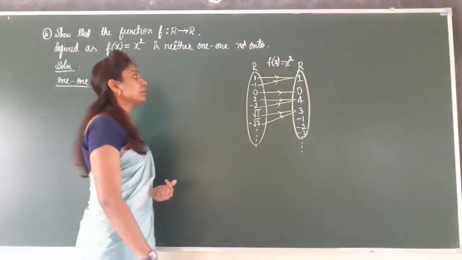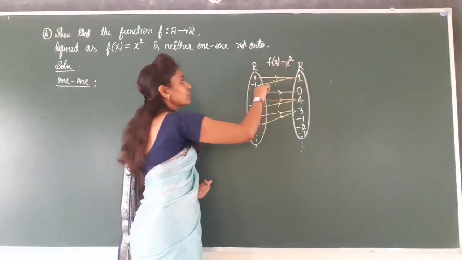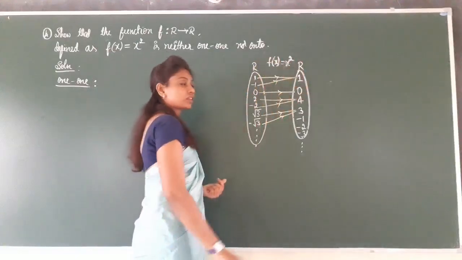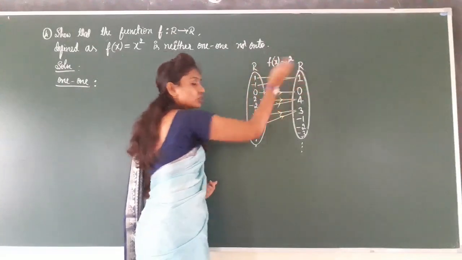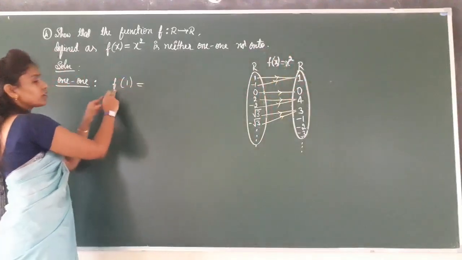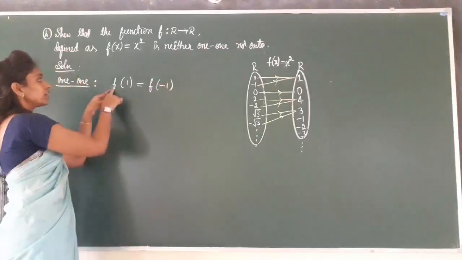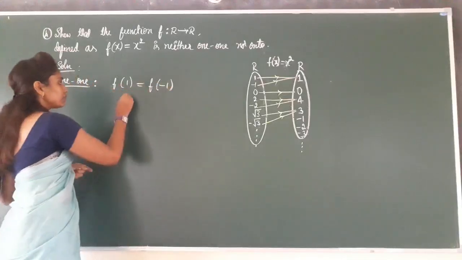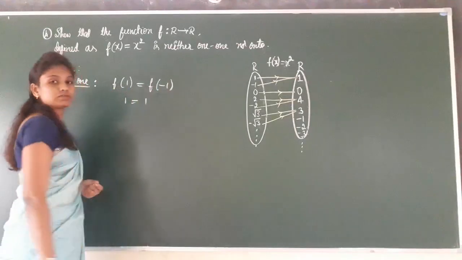So I am taking the element 1 only. f of 1 is equal to 1. f of minus 1 is equal to 1. So the image of 1 is 1, and the image of minus 1 is also 1. That is, f of 1 is equal to f of minus 1. What is the image of f of 1? That is 1, which is equal to the image of minus 1, also 1.